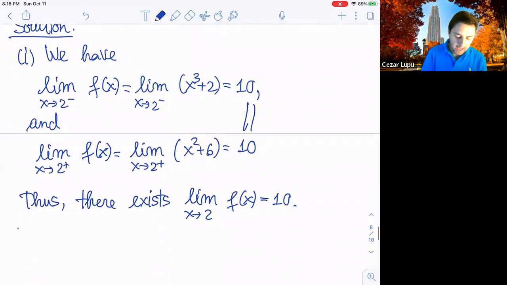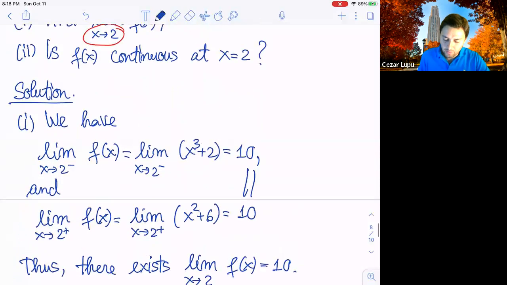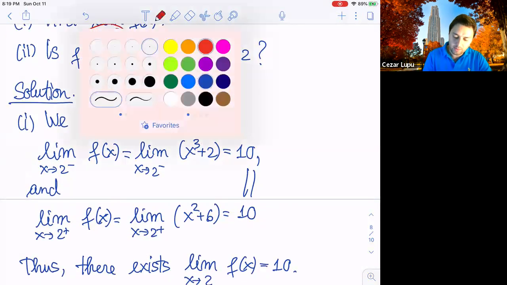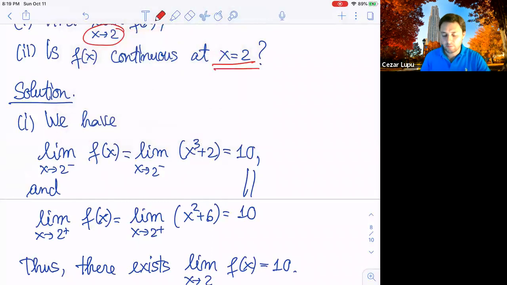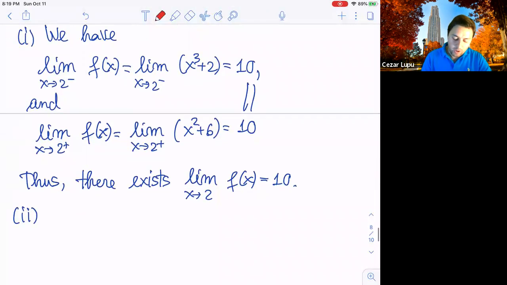Now the second part asks us if the function is continuous at 2. Keep in mind that it asks if the function is continuous at the point x equals 2. And we know this.